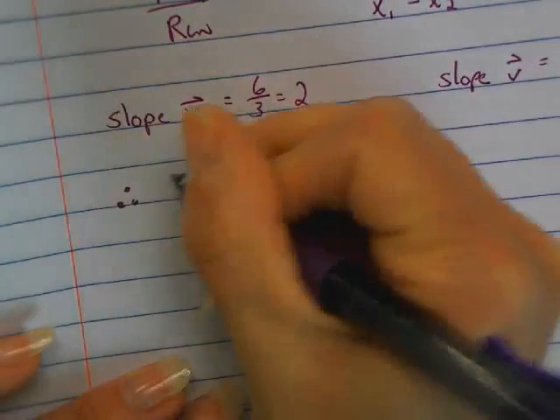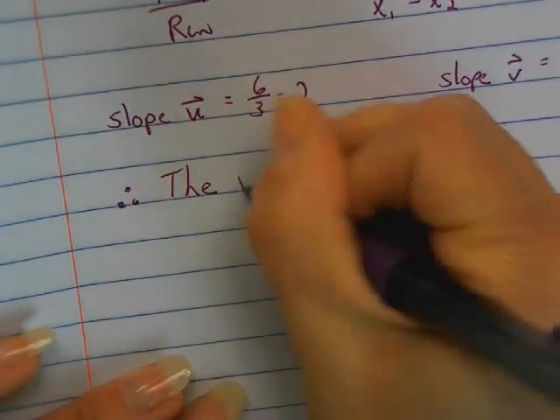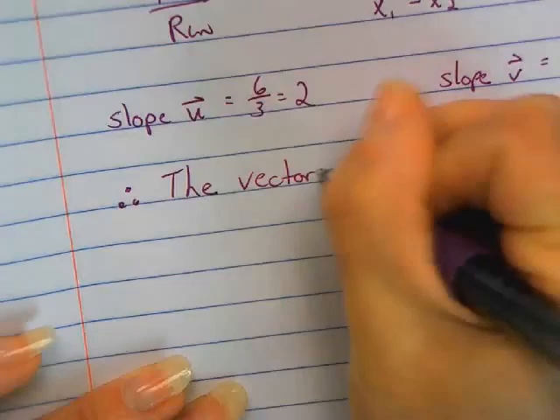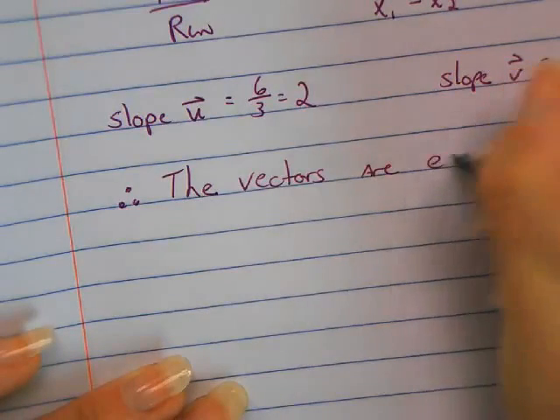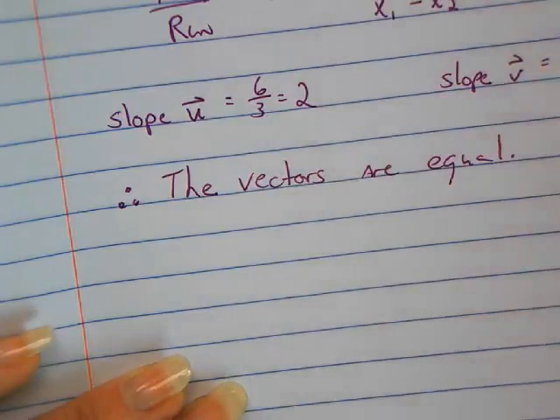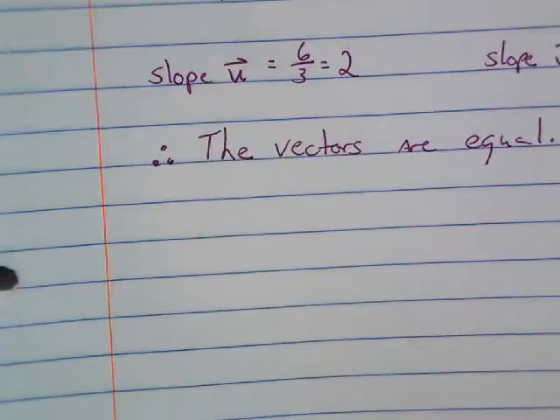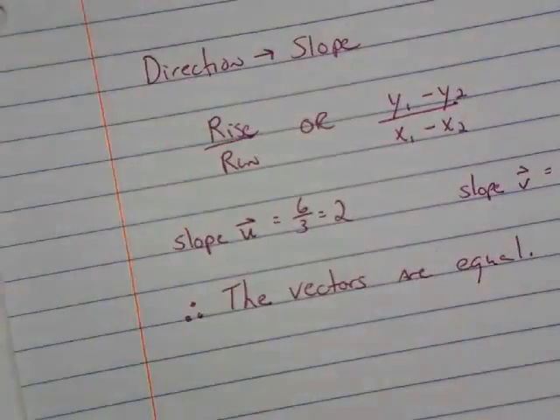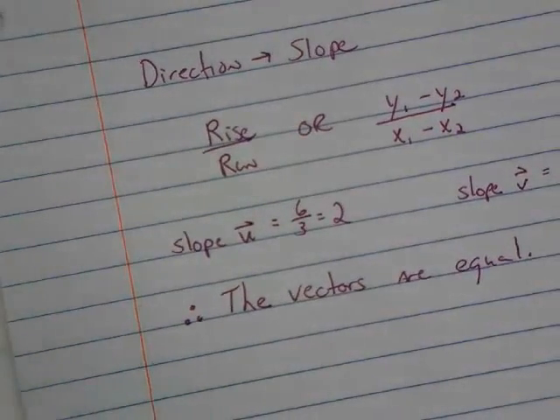Therefore, the vectors are equal. Alrighty? So that's the first thing we can do with vectors.